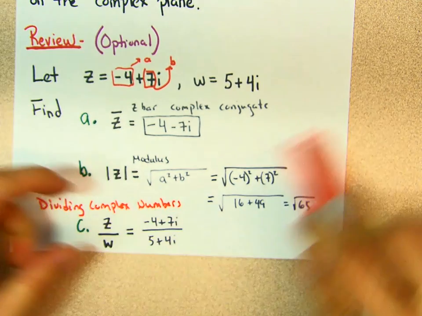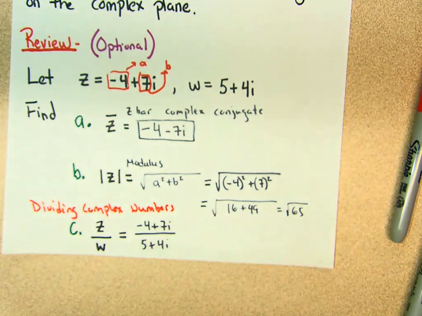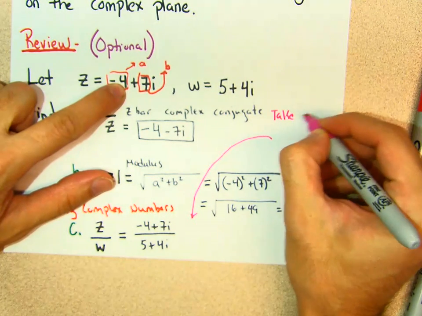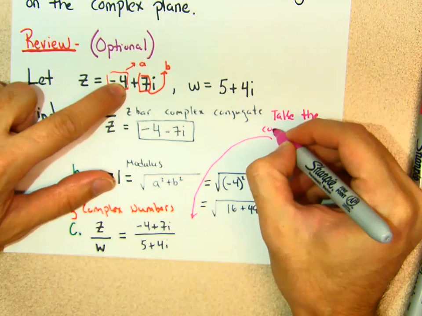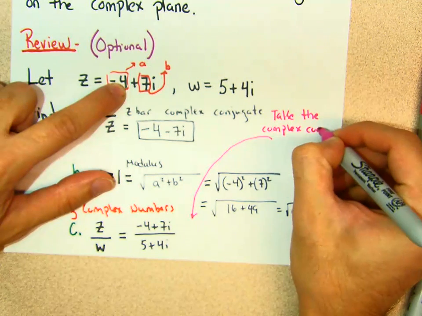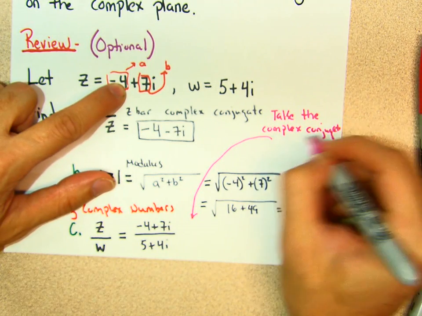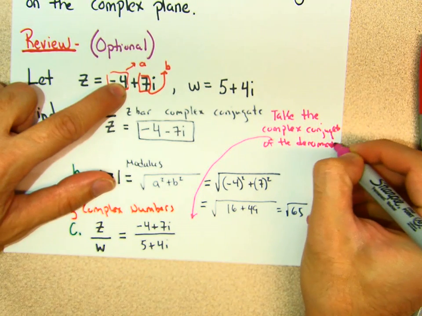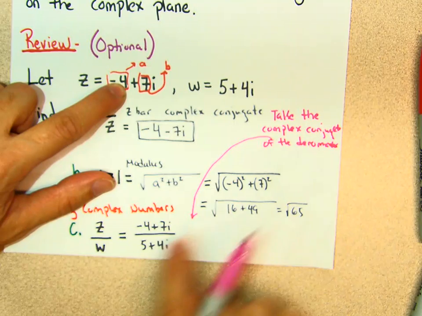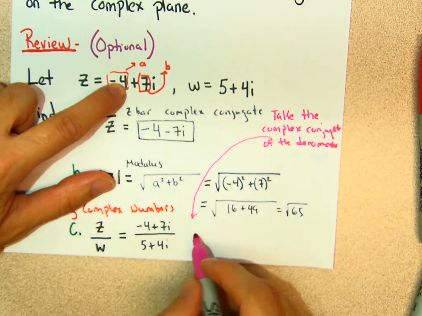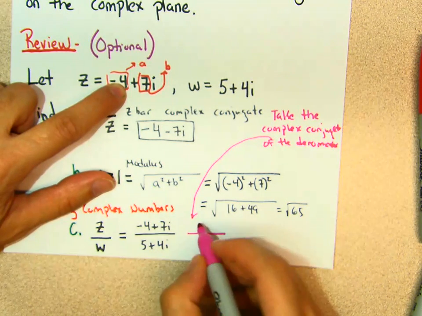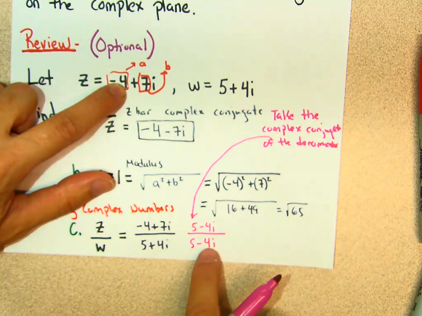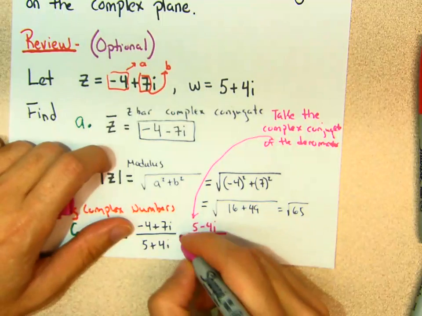To divide complex numbers, we take the complex conjugate of the denominator. What is the complex conjugate of 5 plus 4i? It's 5 minus 4i. And you're just going to multiply the top and the bottom by 5 minus 4i.